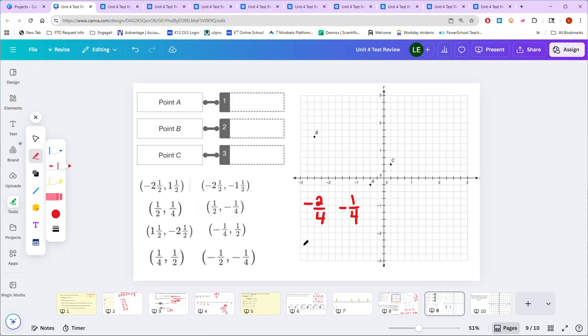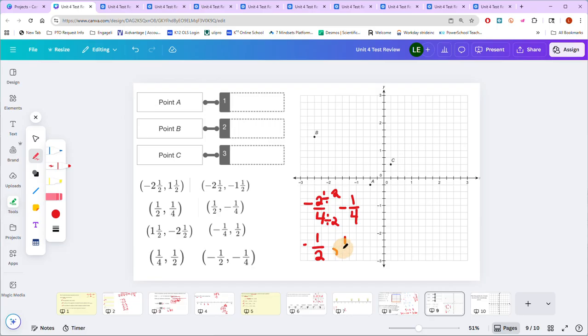So if I did 2 divided by 2, that gives me 1. I'll put that answer right here. And 4 divided by 2 gives me 2. So negative 1/2 is equal to negative 2/4.